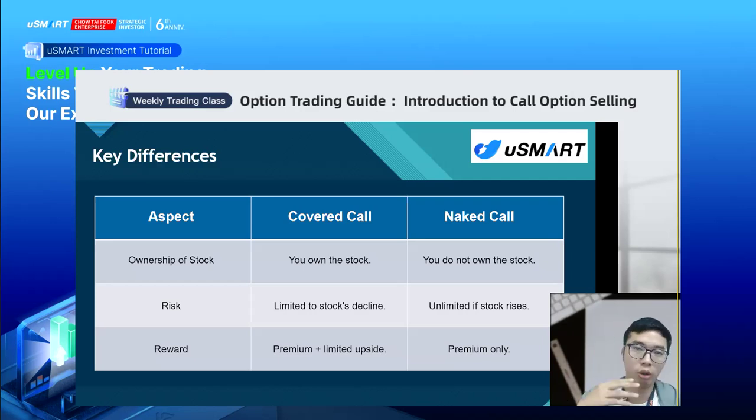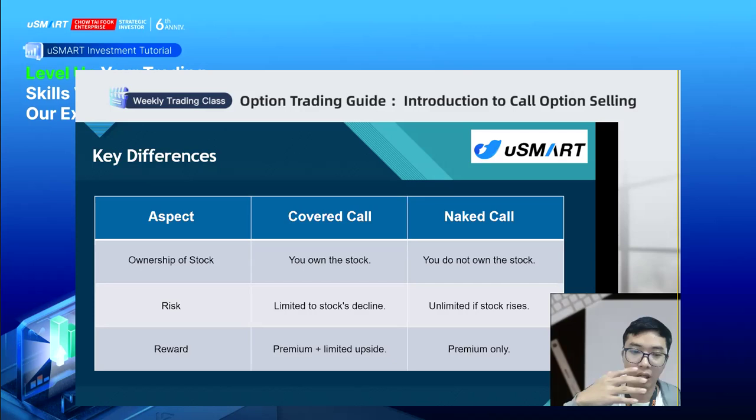You don't own the stock, and when the price keeps shooting up, you will face a lot of losses. However, for covered calls, if the price shoots up, you just take profit because you own the stock at a low price. So that's the difference. And for the risk, it is limited to a stock decline, while the naked call is very dangerous.